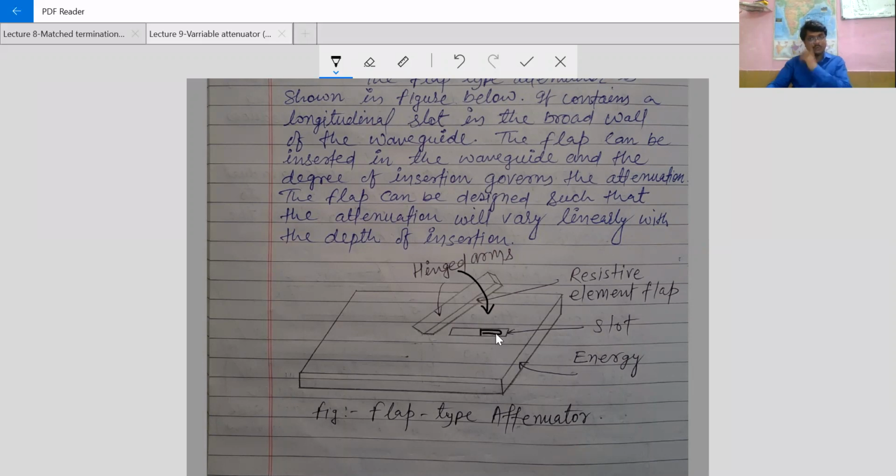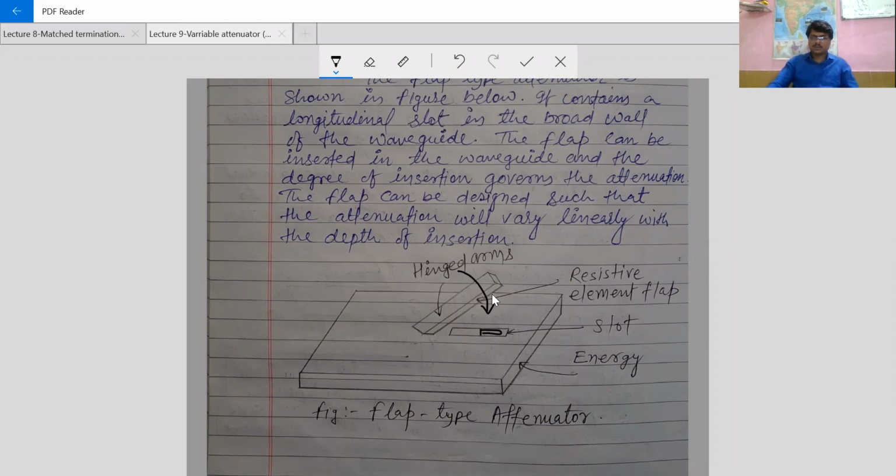As it goes deeper into the slot, it will absorb the power. And the degree of insertion will govern the attenuation. More insertion, more absorption, and hence more attenuation.